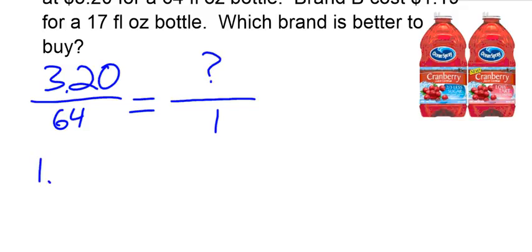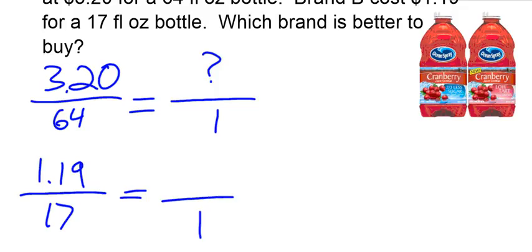We have our $1.19 for 17 ounces. The question is, how much for 1 ounce? So as we cross multiply and divide, or basically just go ahead and divide, we're going to get this figured out.